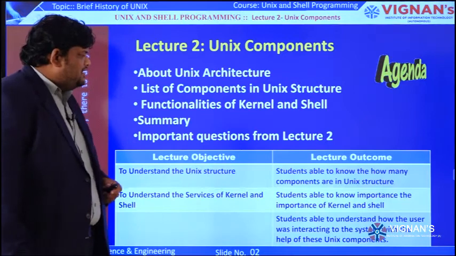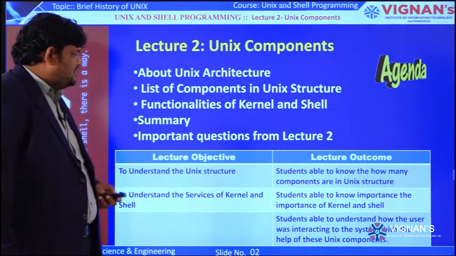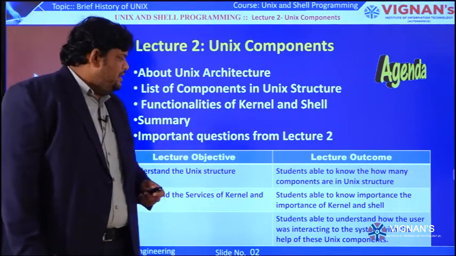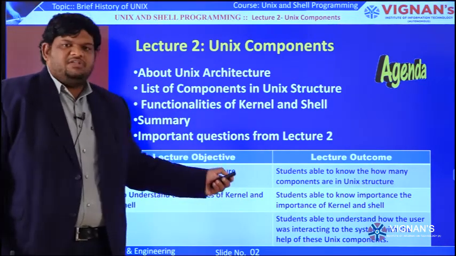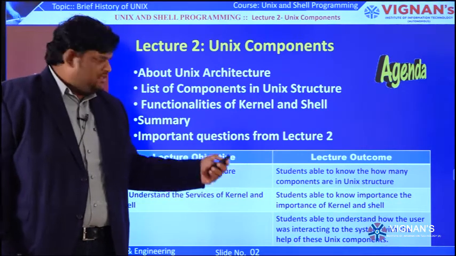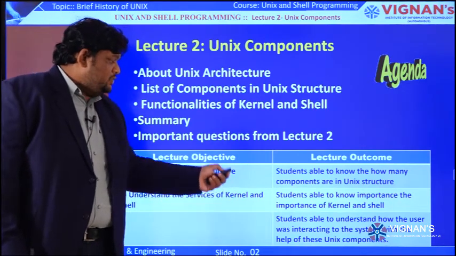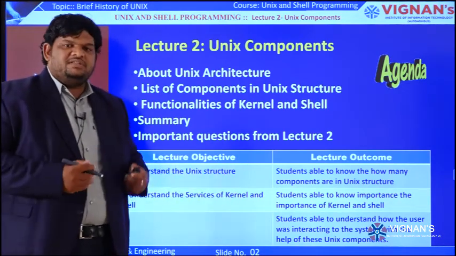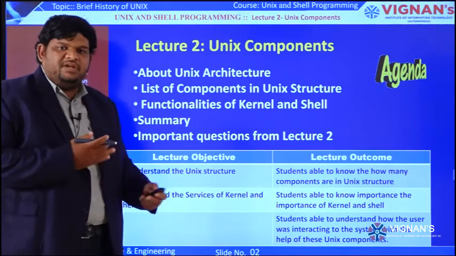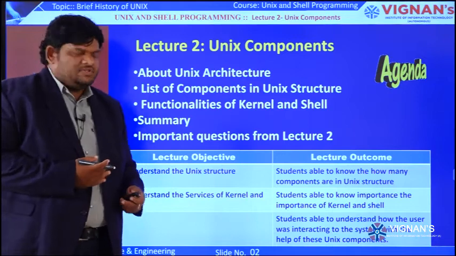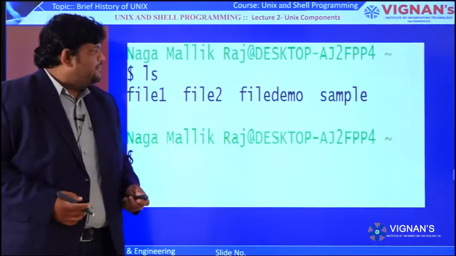Coming to the lecture outcomes, after completion of this lecture, students will be able to know how many components are in the Unix structure, what the responsibilities of the kernel and of the shell are, and understand how the user interacts with the OS and how these components are helpful for the users.